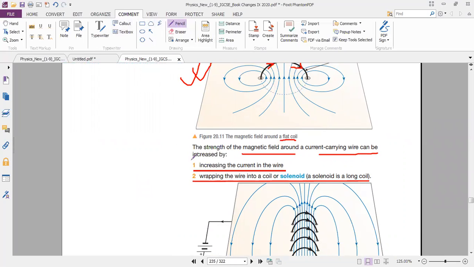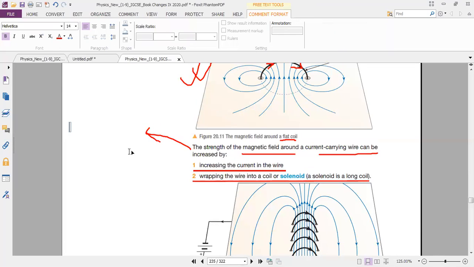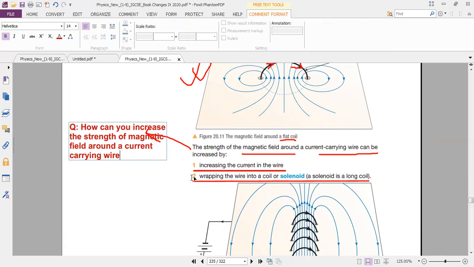This is the question here, an important question. How can you increase the strength of the magnetic field around a current carrying wire? So these 2 points are the answers.